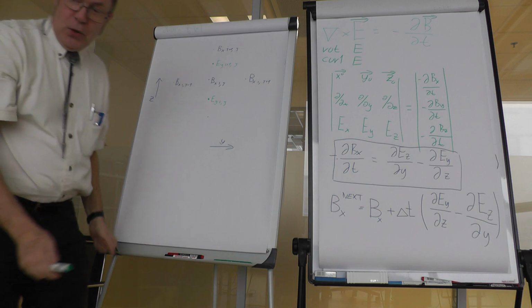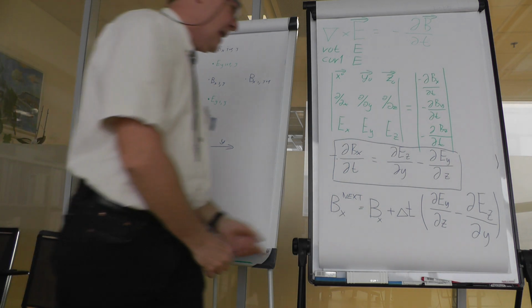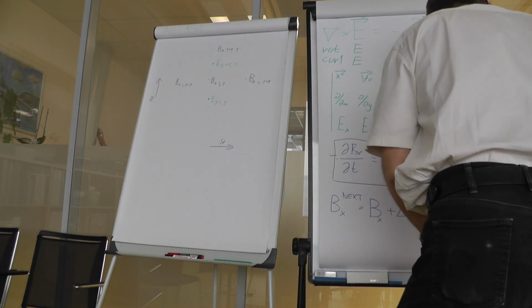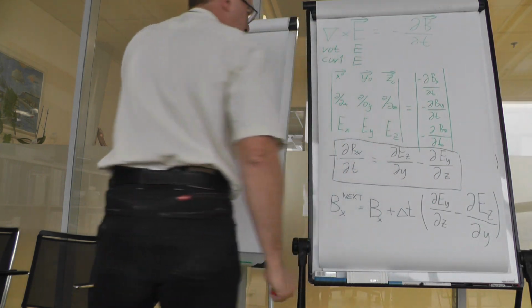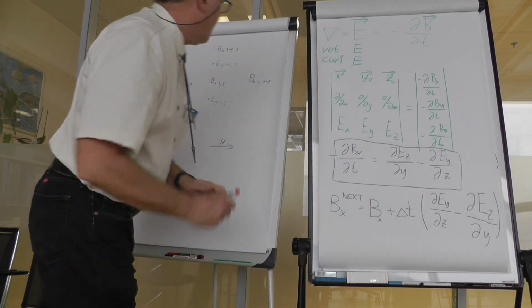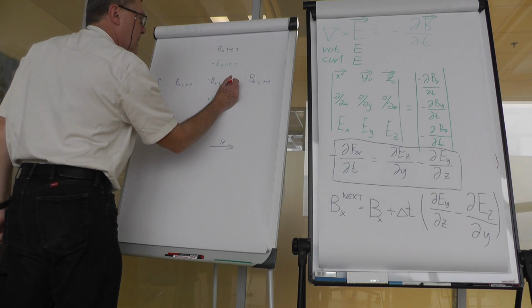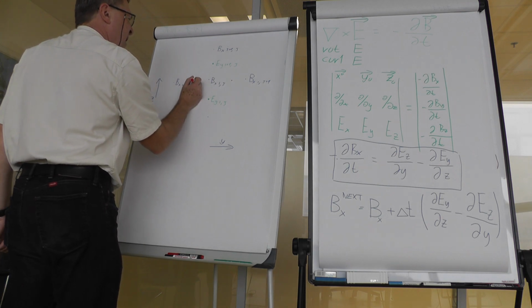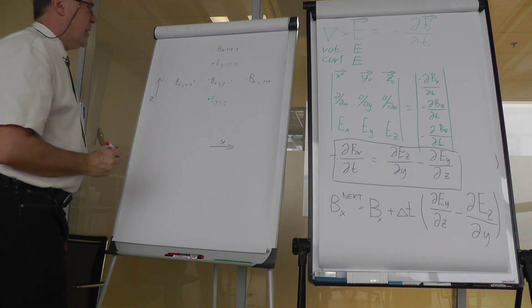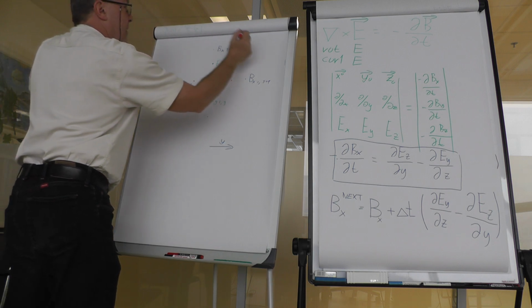Now the same situation we would use for the remaining component, which is Ez. We should make Ez and the derivative should be against y. So we would sample Ez in those locations. And of course here and here.